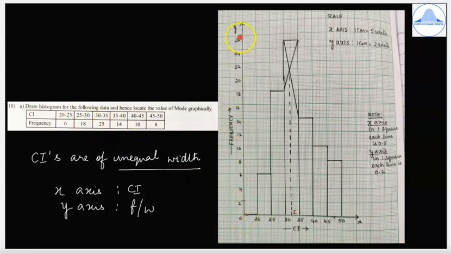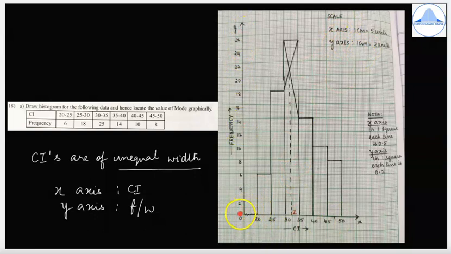So on the y-axis, I have taken each square as 2 units. So this is 2, 4, 6 and it continues up to 26. So next we have to write the scale. Scale is x-axis 1 centimeter is equal to 5 units and y-axis 1 centimeter is equal to 2 units.